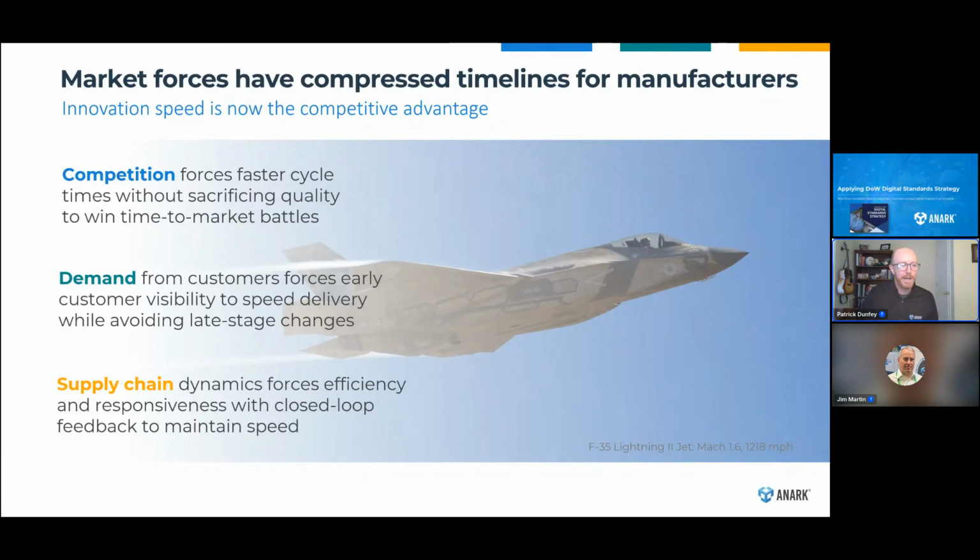And if you can figure that out in the digital world, innovation speed becomes the competitive advantage. So competition forces faster cycle times, demand from customers, especially in the aerospace and defense industry right now, are absolutely demanding faster cycle times. And then the supply chain dynamics can either be a slowing mechanism or an accelerator, depending on how you can work with a diverse supply network. And so that's really the motivation behind doing this webinar today, is we've heard this from everyone that we talk to.